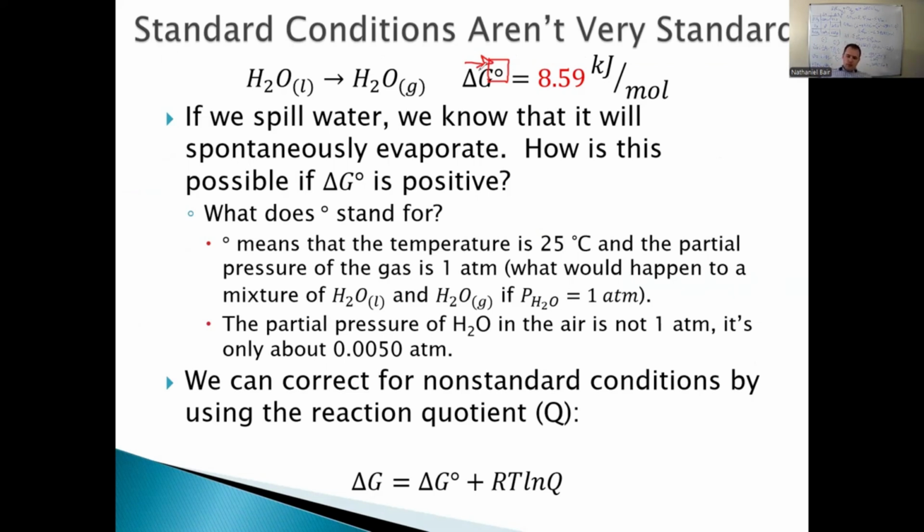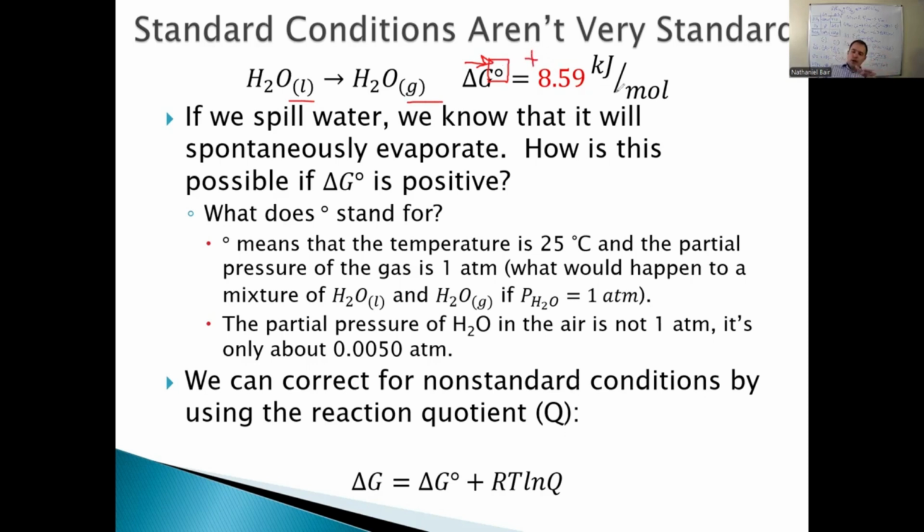And the problem with this is that students have a hard time rationalizing what these delta G's mean. So, for example, if you calculate delta G for this reaction, water turning into gaseous water under standard conditions, 25 degrees Celsius, 1 atm, 1 molar, you find that delta G is a positive 8.59 kilojoules per mole.